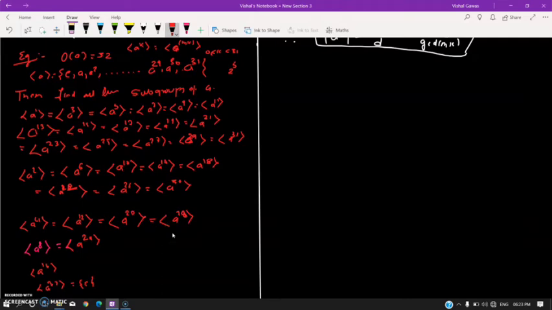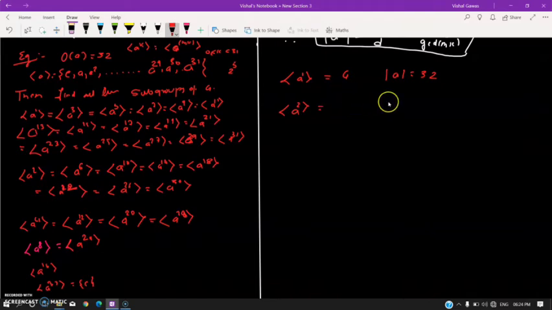So if I list the subgroups, let's look at these subgroups on the extreme left. So what I have is a, that's entire G, and order of a is 32, a raised to 1. Remember this. Then a square, right?